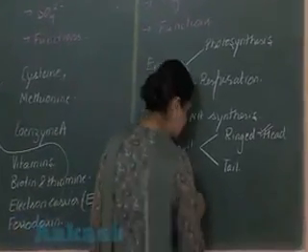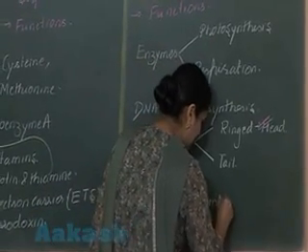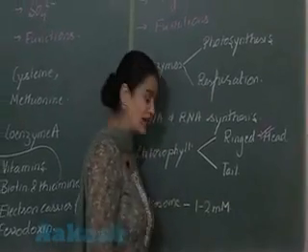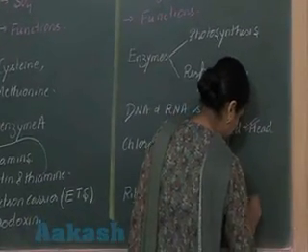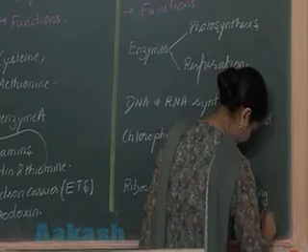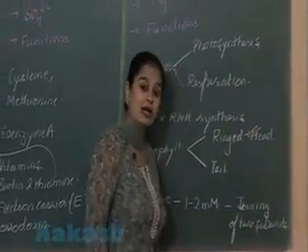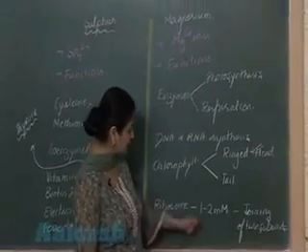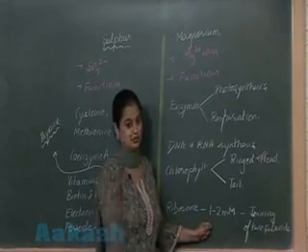I had discussed this in the cell cycle that 1 to 2 millimolar concentration of magnesium ions is required for the joining of two subunits. So smaller or larger subunit को join करने के लिए there is requirement of this much concentration of magnesium ions.